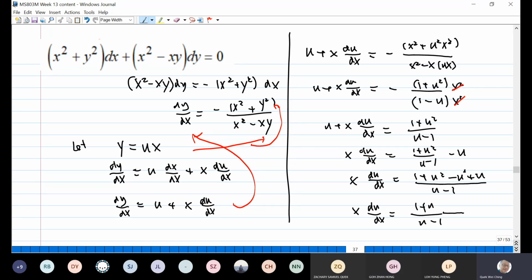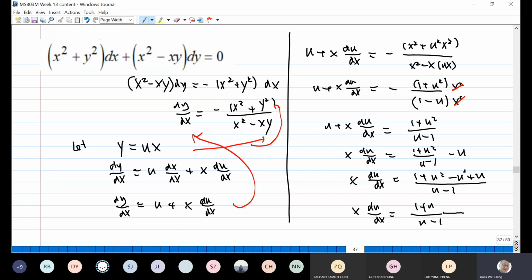So far it's correct already. So put all the u together. I have x du dx becomes u minus 1 plus 1 plus u minus 1.